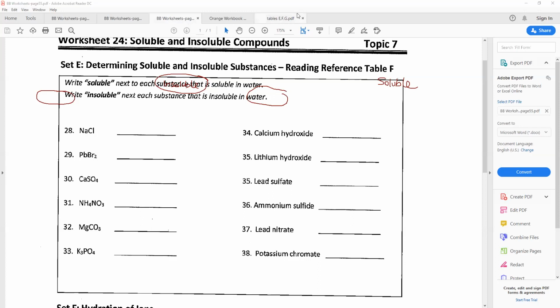NaCl. NaCl is over here. We're going to go to table F.